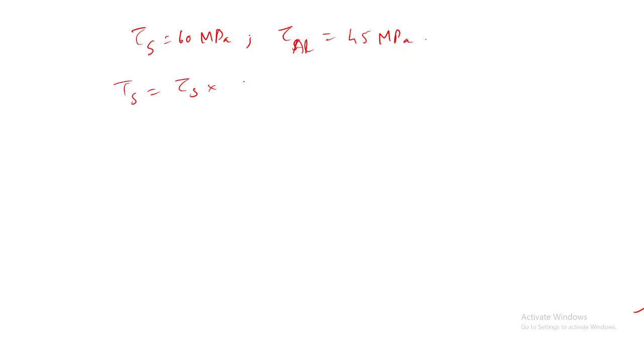That implies Ts equals 60 into pi by 16, 54 the whole cube. And from here I am getting Ts value as 1.855 into 10 to the power of 6 Newton mm.